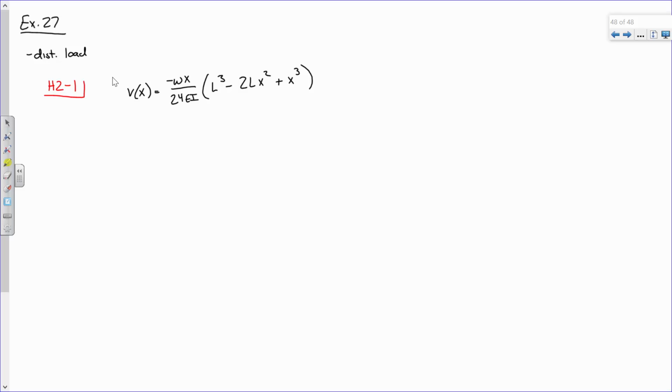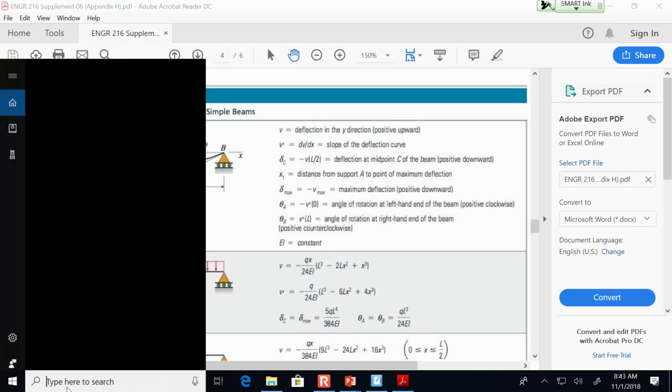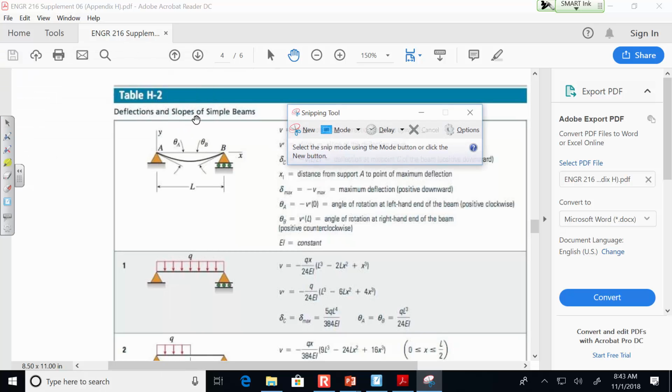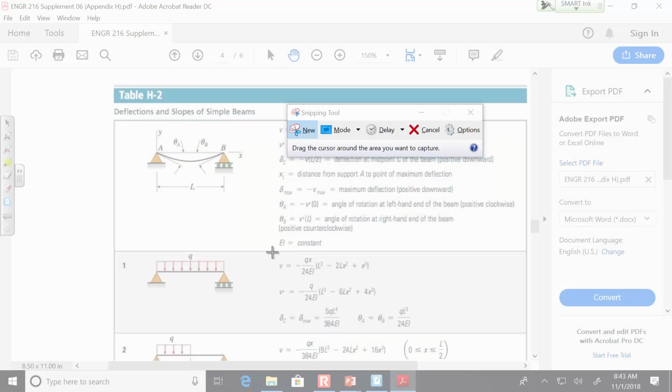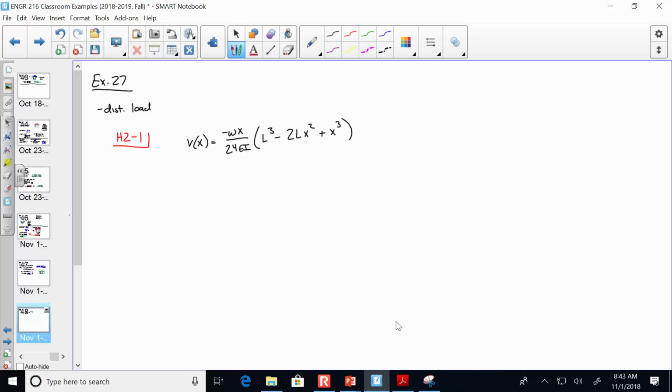Now, if you're wondering where I got that, I'll even screen capture it so you can see. So I'm using this equation. It's the exact same equation.